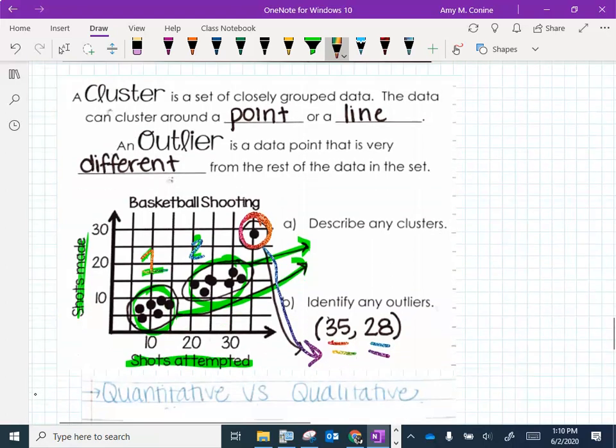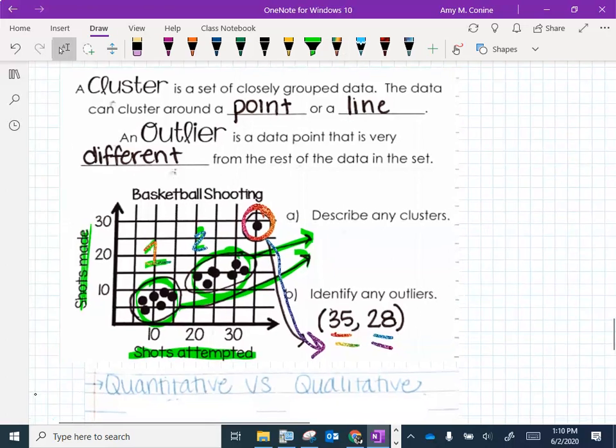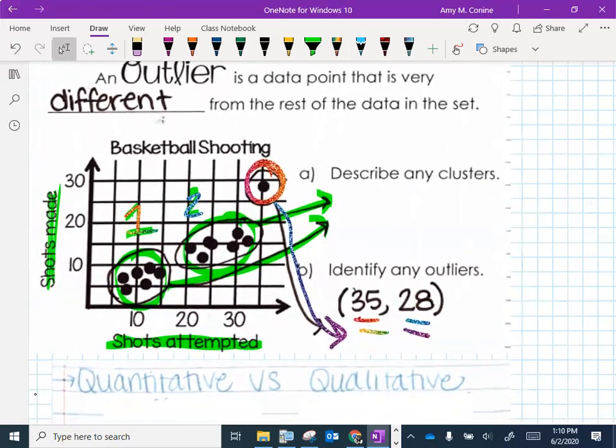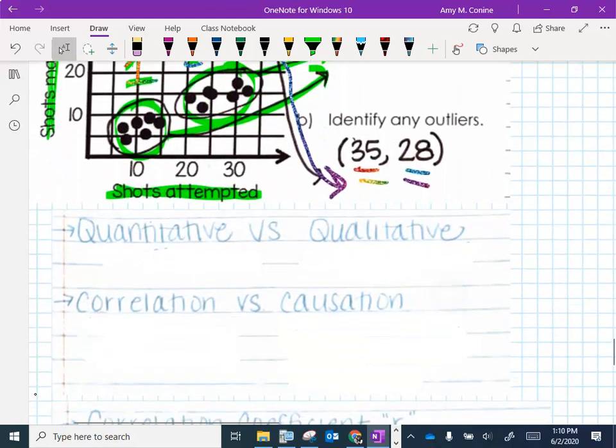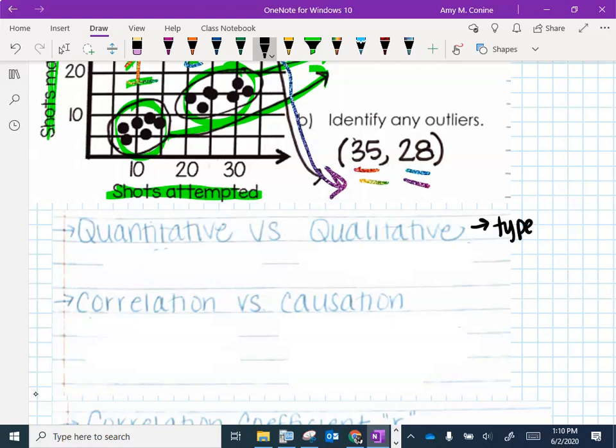Okay. A couple more things that we're going to add to this: quantitative versus qualitative data, and causation versus correlation. You have two types of data that you can have. You have quantitative, which is measurable, so it's numerical, you should have numbers.